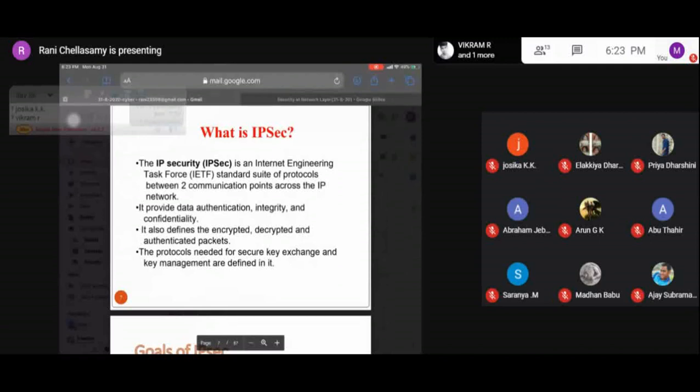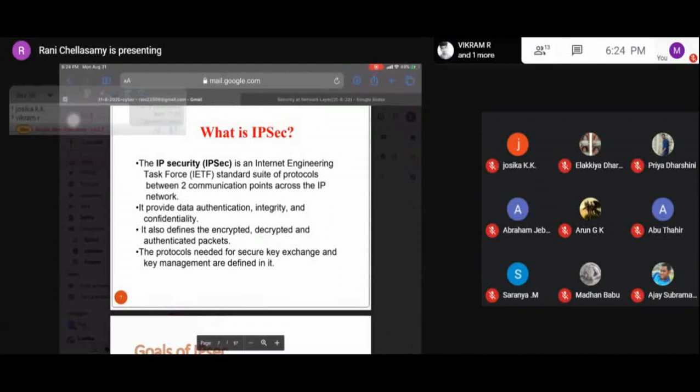In addition, this protocol is used for the secured exchange of keys. It is very essential for secured key exchange and key management. For all these purposes, we use the IP security protocol at the network layer, that is layer 3.